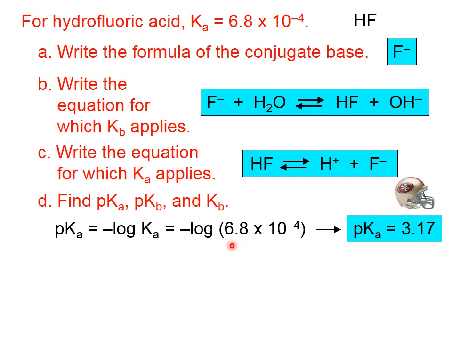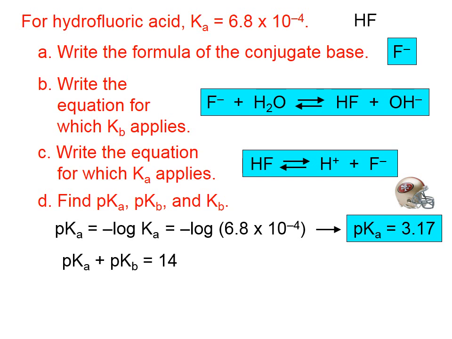The number that we took the logarithm of was 6.8 times 10 to the negative fourth. It has 2 significant figures in it. Therefore, we must have 2 decimal places when we report our logarithm. Just didn't want you to forget that.